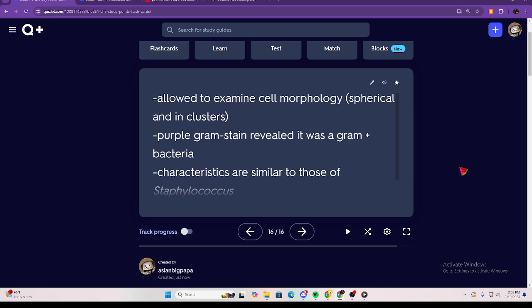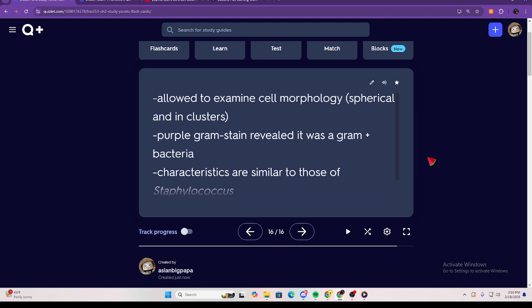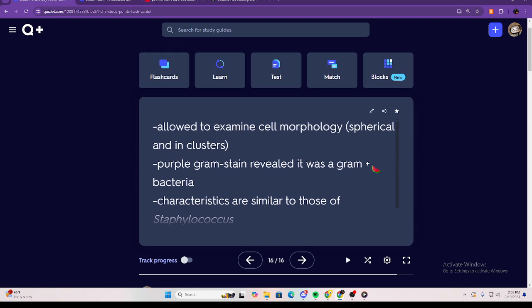We saw that it was spherical and in clusters, so we were able to examine the cell morphology. We also noticed that it was purple, which means it's gram-positive bacteria. Both of these characteristics are similar to those of Staphylococcus, and I think it was Staphylococcus aureus. So that's how we can use gram staining and microscopy to understand what we're looking at. Good luck.